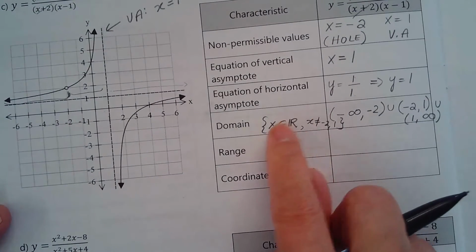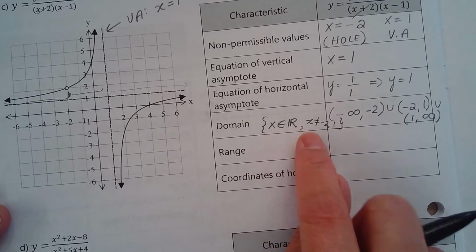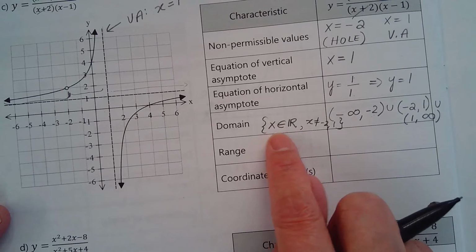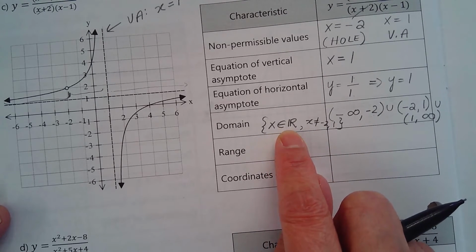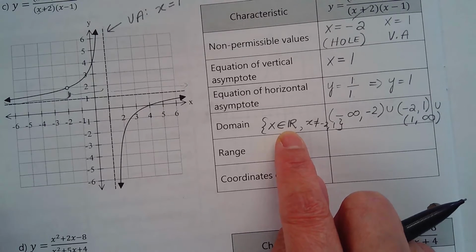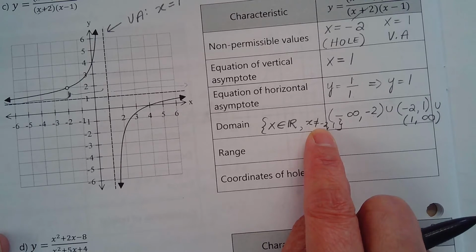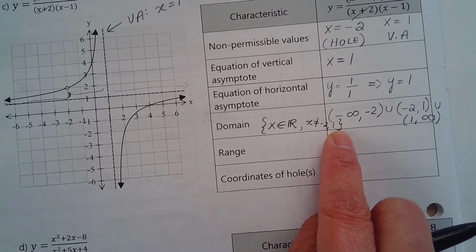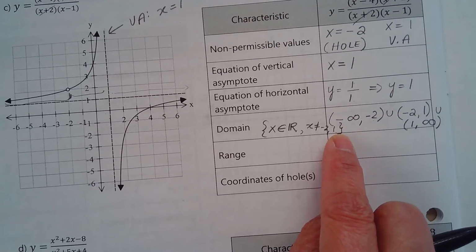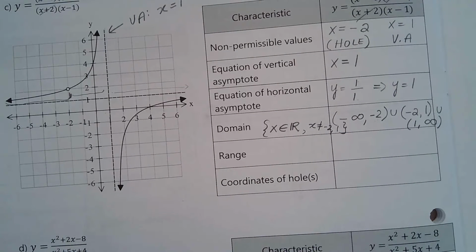That's another possibility of writing it. You can have any real number with the exception of these two values, because this one is going to give us a hole, and this one is going to give us the asymptote. Okay, good.